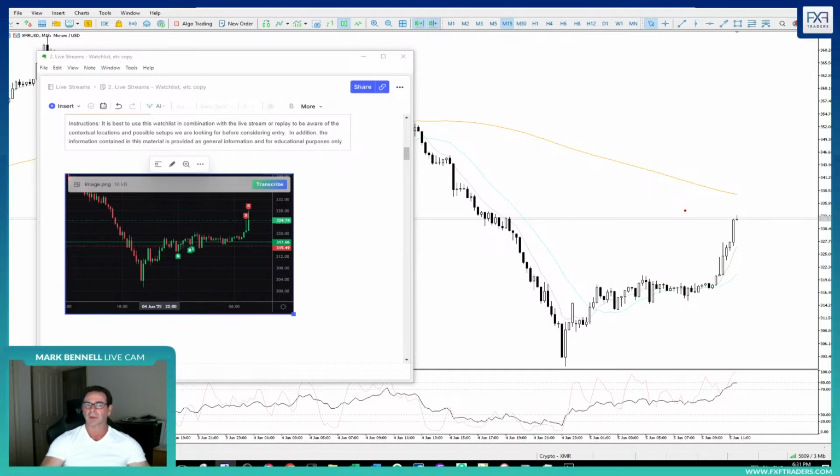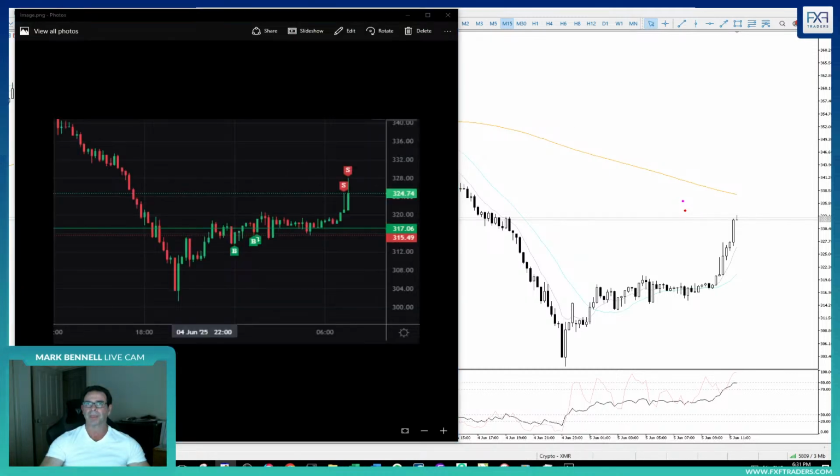Oh, where did that go? There. All right, so see the little ABC through there. So we got a very early entry in there. That's that one. Then when it broke the high of that, that's the legit entry.